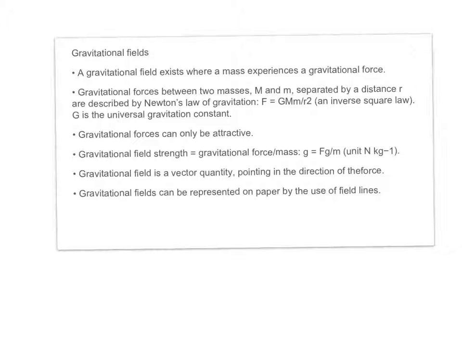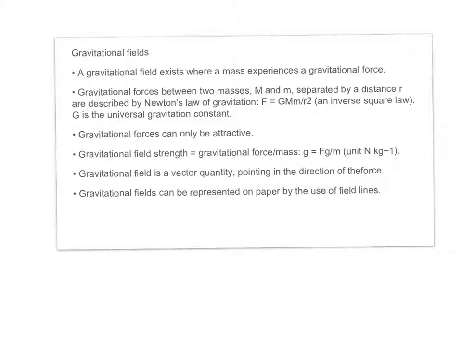I'm going to go over the answers superficially here, but I can't emphasize enough how important it is that you go back and look at your previous material. A gravitational field exists where any mass experiences a gravitational force. Now Newton's law of gravitation is F equals GMm over r squared, where G is the gravitational constant.